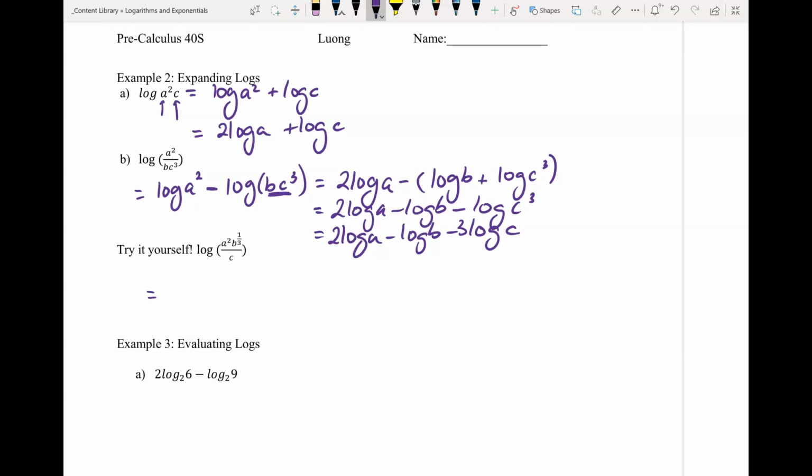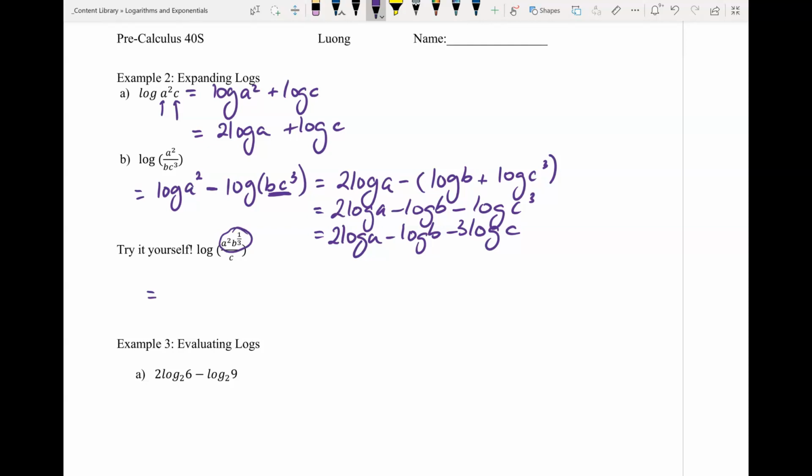Alright, so for this try it yourself, I am just going to do this all in one shot so you get an idea of how I would do that if you don't know. So looking at our numerator, I know that I'm going to separate them using our product law. So I'm going to get log a squared plus log b to the power 3.